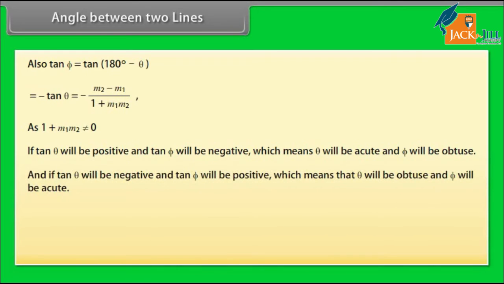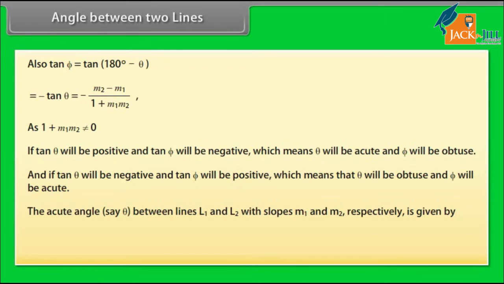And if tan theta is negative and tan phi is positive, which means that theta will be obtuse and phi will be acute. The acute angle, say theta, between lines L1 and L2 with slopes m1 and m2 respectively is given by tan theta is equal to modulus of (m2 minus m1) divided by (1 plus m1 m2), as 1 plus m1 m2 is not equal to 0.